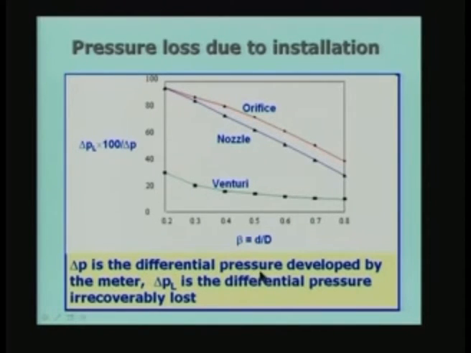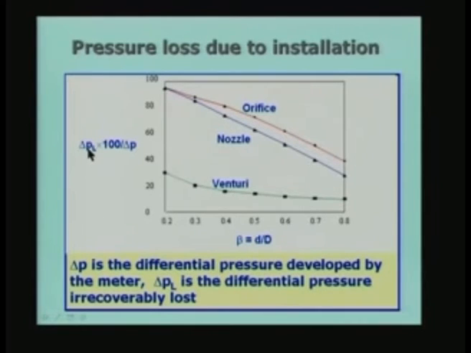Delta P is the differential pressure developed by the meter. This is P1 minus P2, and delta PL is the differential pressure irrecoverably lost. That means this is the upstream pressure minus the pressure at the exit of the device, divided by the pressure difference created by the device because of the acceleration of the flow in the converging section.